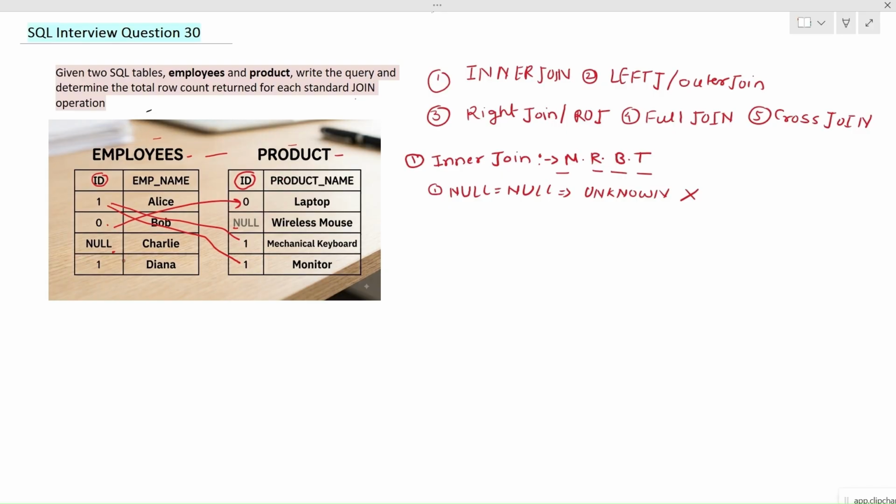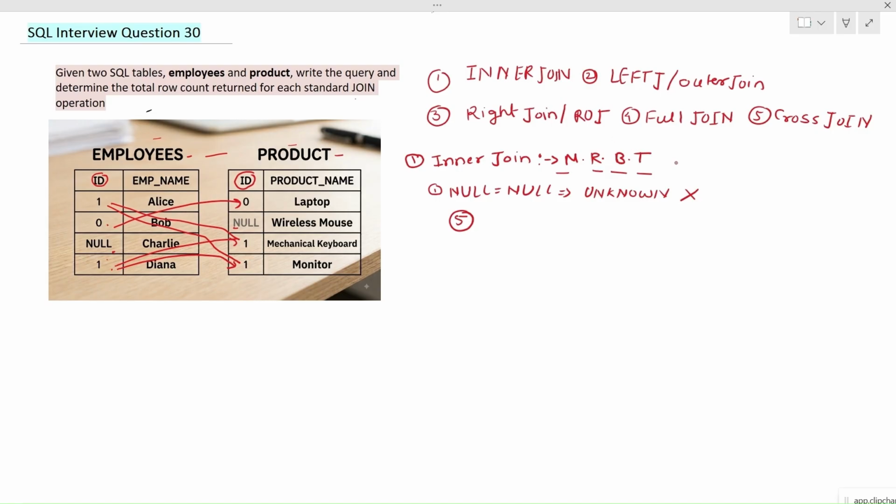So fourth, we also have one. One from the employee table will join in the product table with the two results, the first and the second. So how many results have we received? 1, 2, 3, 4, 5. The 5 results we will get in an inner join.